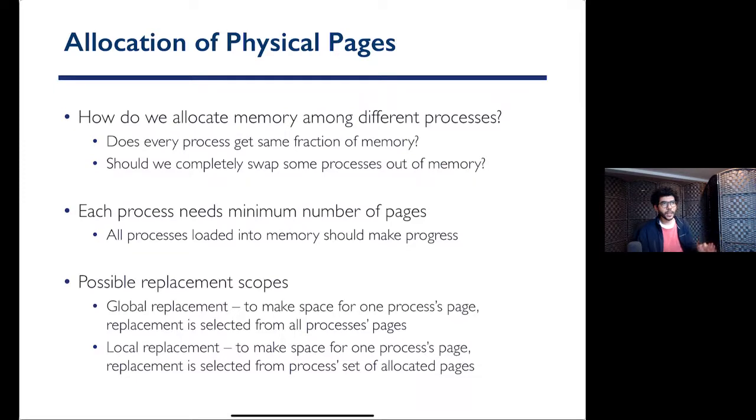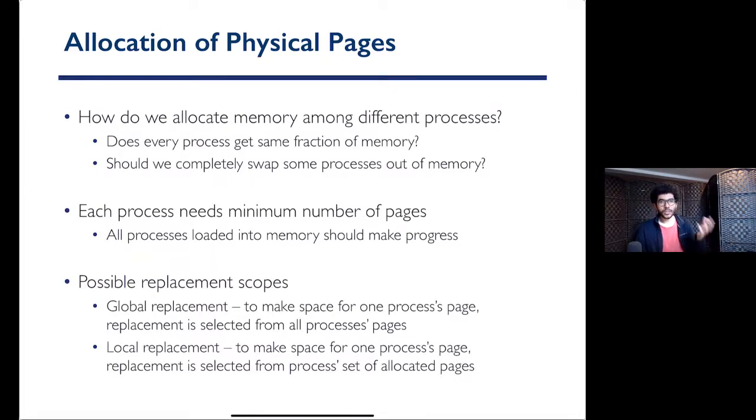Don't say that. Let them compete. Now, how does the competition work? Well, if you have a process that needs a lot of pages, this process is going to use a lot of memory. And then if the memory gets full and this process wants another page, you're going to trust your replacement policy to find a victim to evict and bring the new page.